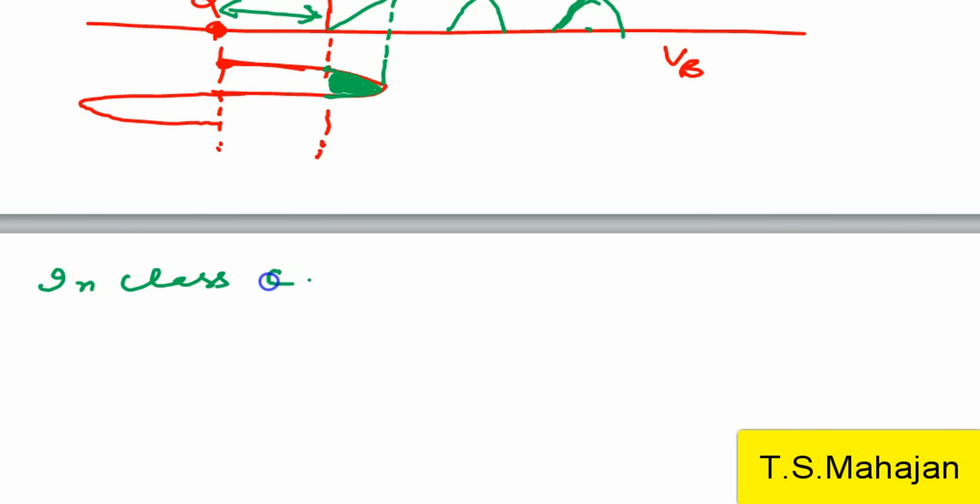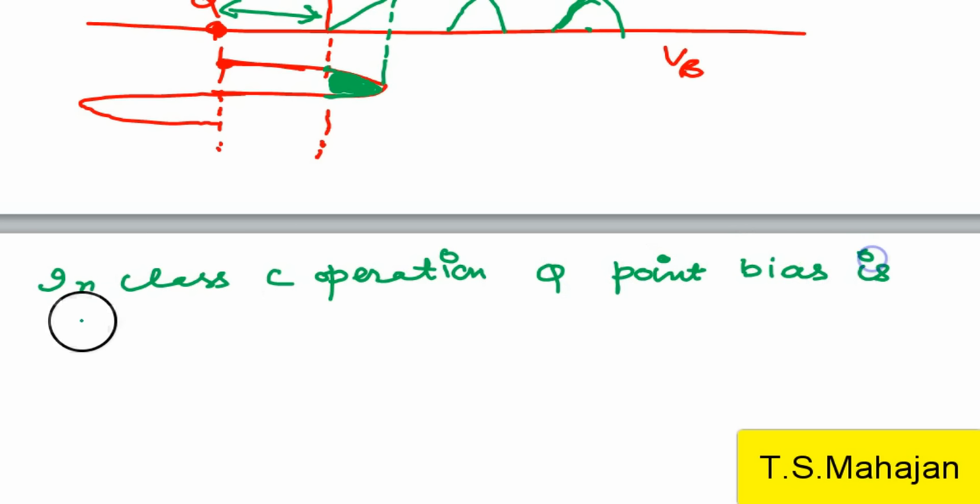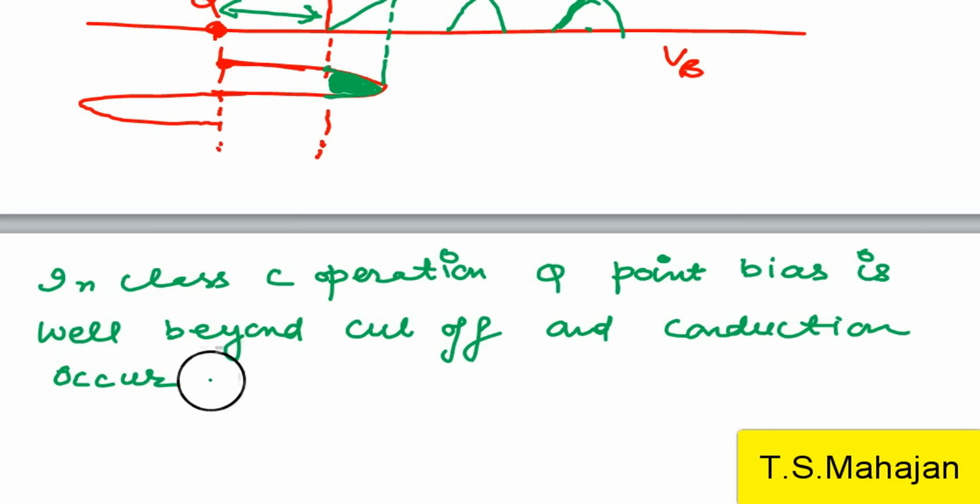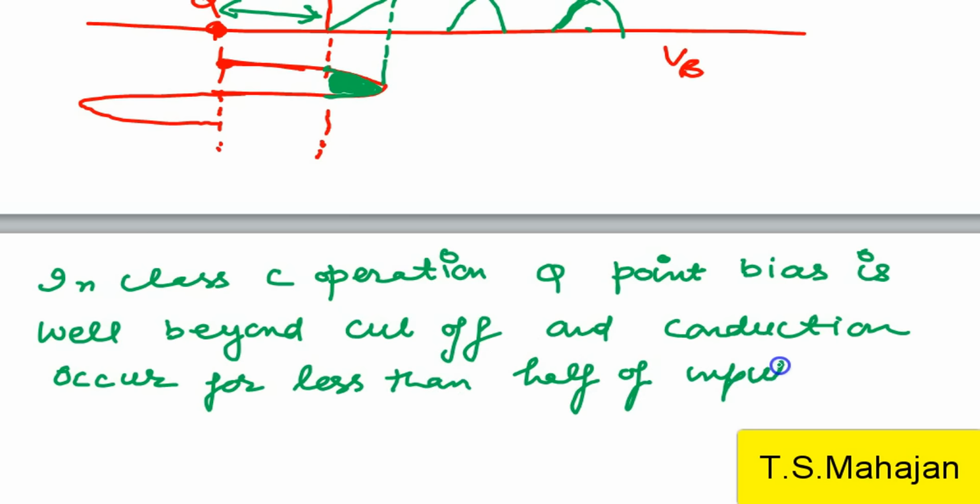So in class C operation, the Q point bias is well beyond cutoff and conduction occurs for less than half of the input signal.